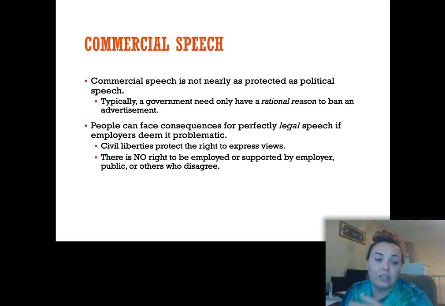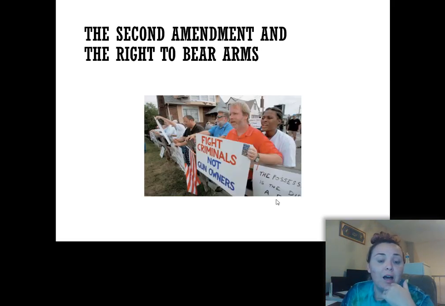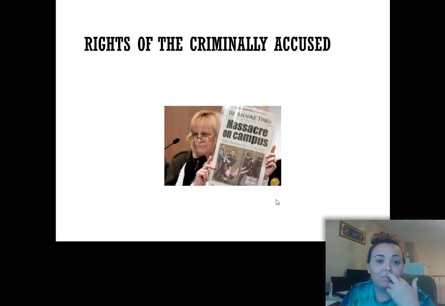You could just plug in your TV to a regular old box and you'll have access to CBS, NBC, ABC, Fox. So in this case, they have a lot more leeway to ban commercial speech as long as they have a rational reason.